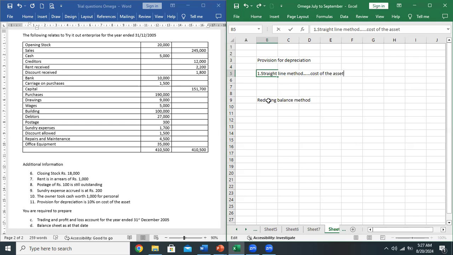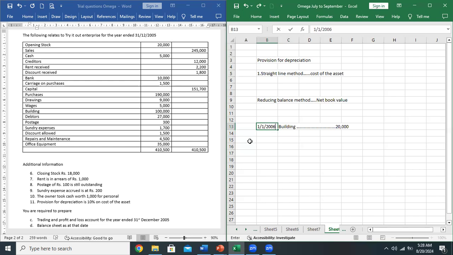If it is reducing balance, then you apply the rate on the net book value. So now let me cite an example. Let's assume that we have a building which was bought for 20,000 on 1st January 2006.